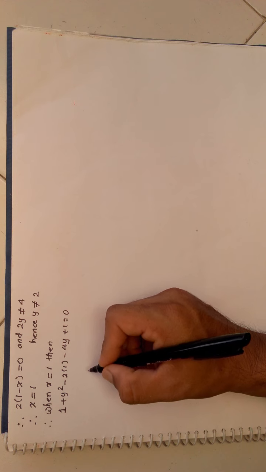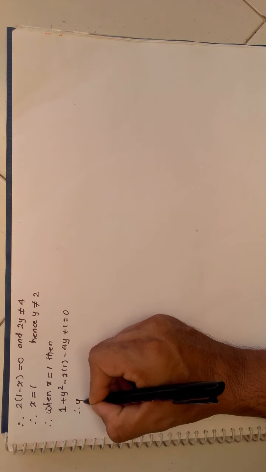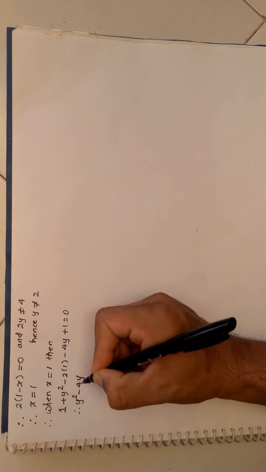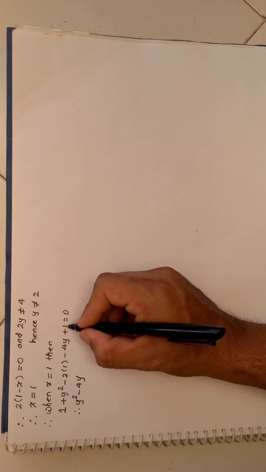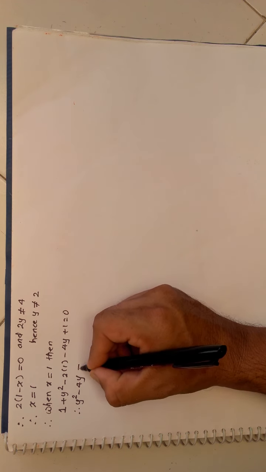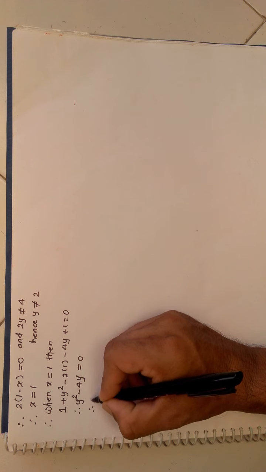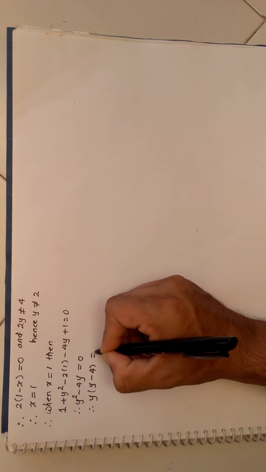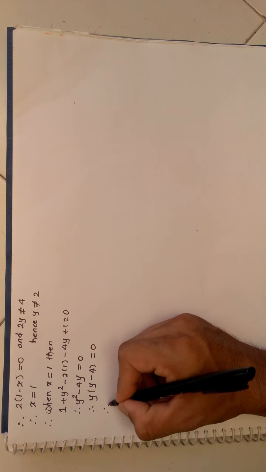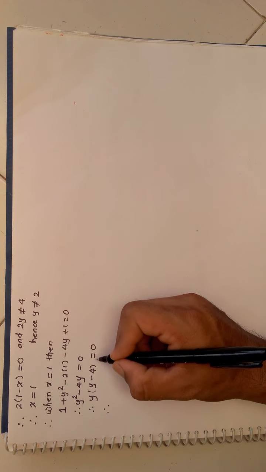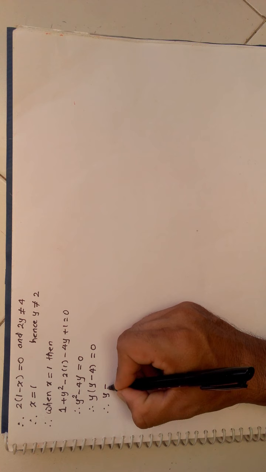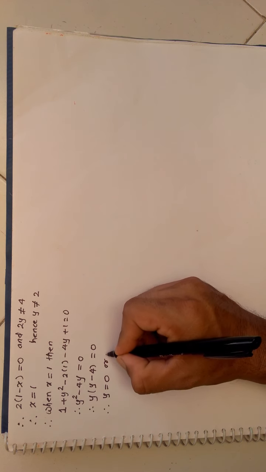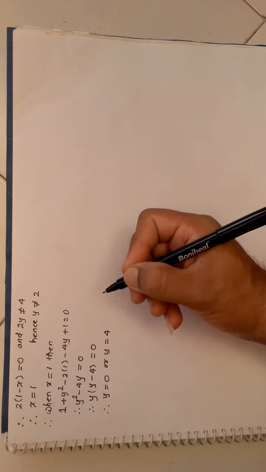This becomes y square minus 4y, and minus 2 and plus 2 cancel, becoming 0. So y into bracket y minus 4 is equal to 0. So y is either 0 or y is equal to 4.